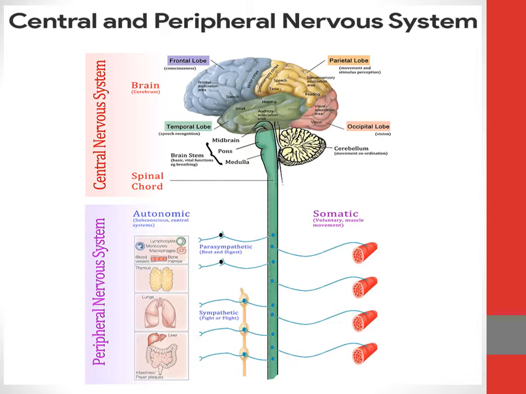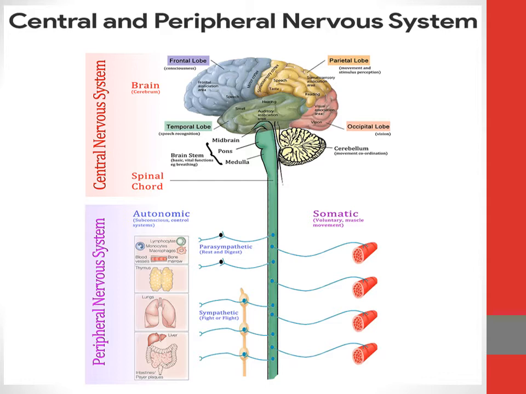Your cerebellum, which is at the back of your cranial vault, and the brainstem, which is made up of the midbrain, the pons, and the medulla, and that goes on to form the spinal cord.